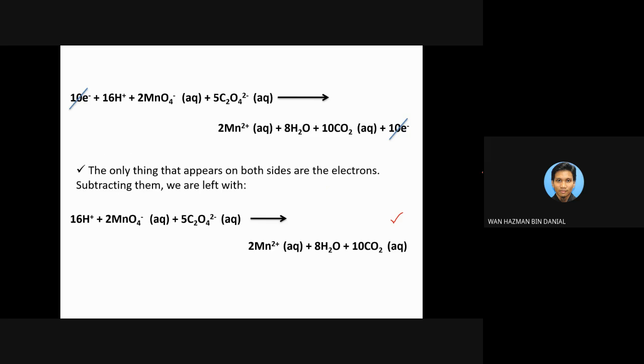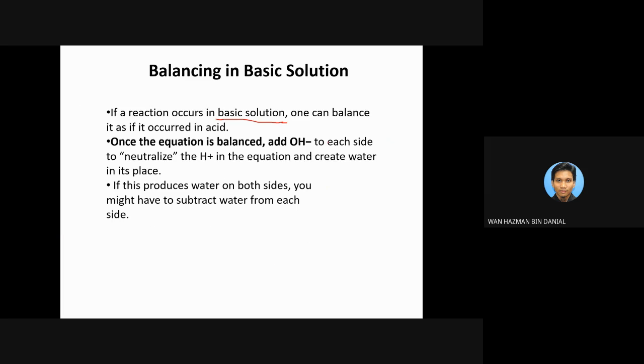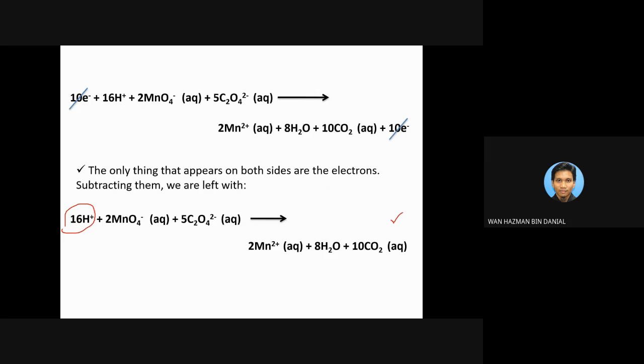Okay, kalau you perasan tadi, sini ada H plus kan? Kan, ada 16 H plus. Kalau the reaction occur in OH, you just tambah je OH minus on both sides. Okay, tadi tulis kan? To each sides, okay, 16 OH minus to each sides. So maknanya kat sini kalau ada H plus, maka you tambah 16 OH minus. Bila you tambah kat sini, jangan sebelah saja, belah-dua belah lah.